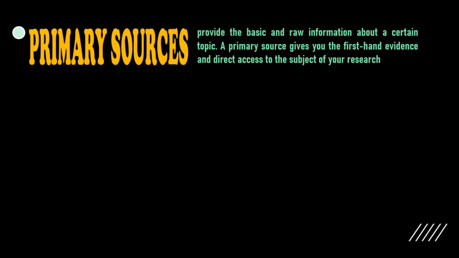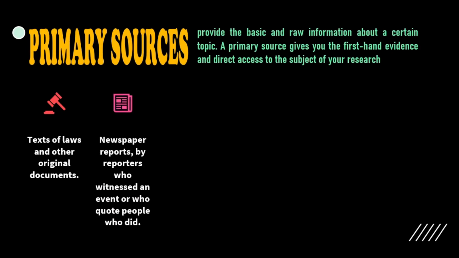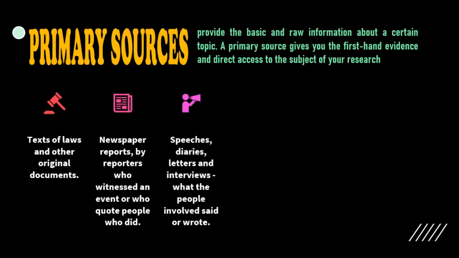It says raw information. So all you have to find there are primary sources. Texts of laws and other original documents. Newspaper reports by reporters who witnessed the event. Speeches, diaries, letters, and interviews. What the people involved said or wrote.